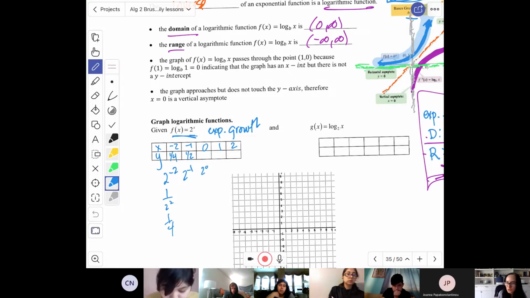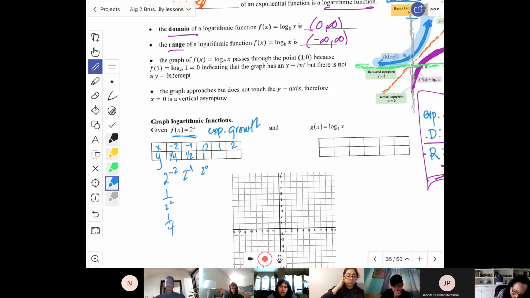Christopher, you should know this now. What were we doing? 2 to the 0 power. What is 2 to the 0 power? It is 1. Yes. Very good. Okay. What about 2 to the 1st?